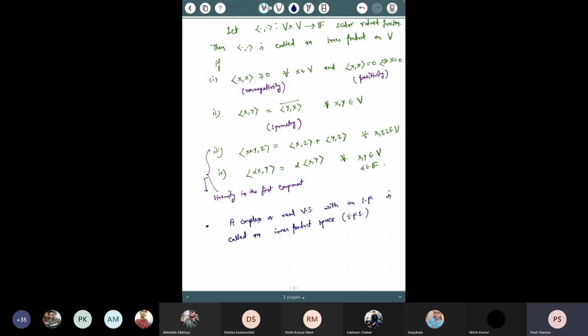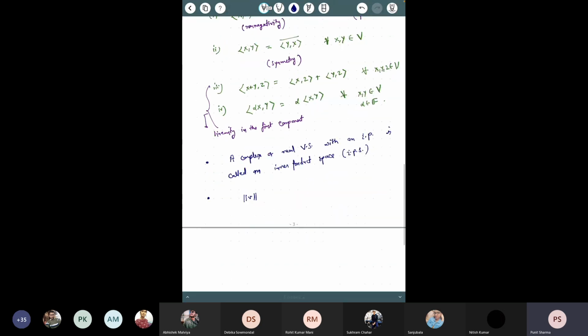Now, if you have an inner product on a vector space, then you can talk about the length of a vector. This is the notation I'm using. The length of V is defined by taking the square root of the inner product of V with itself.